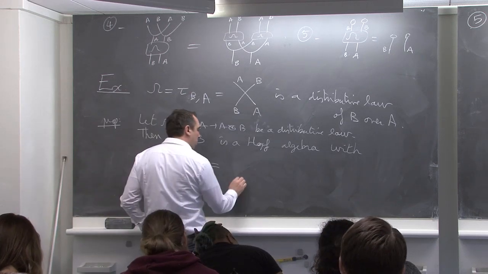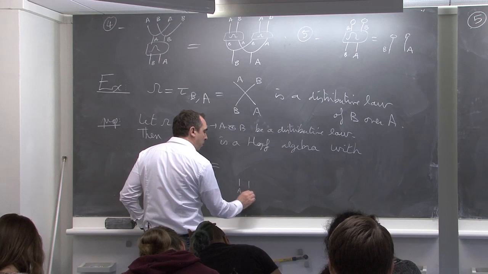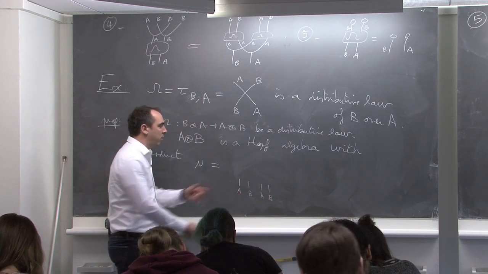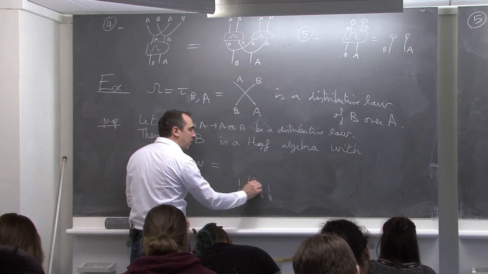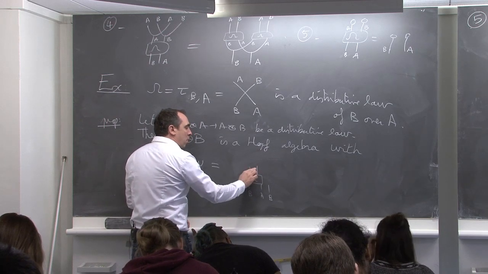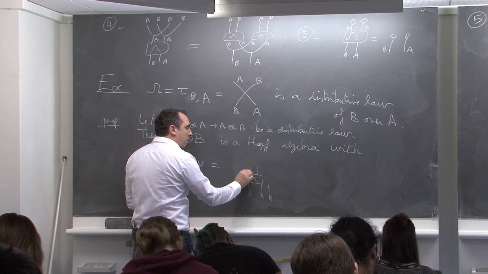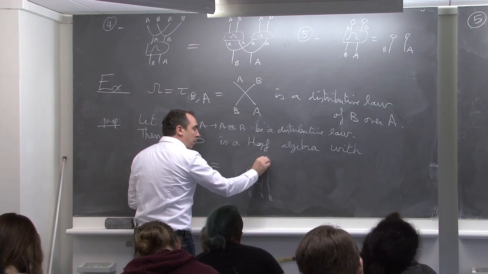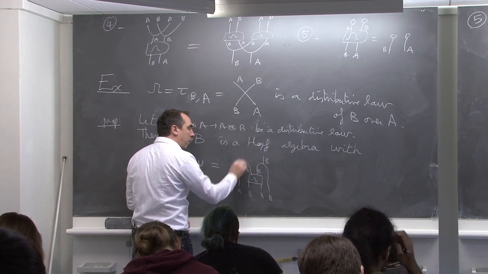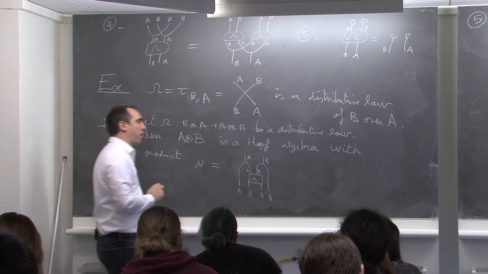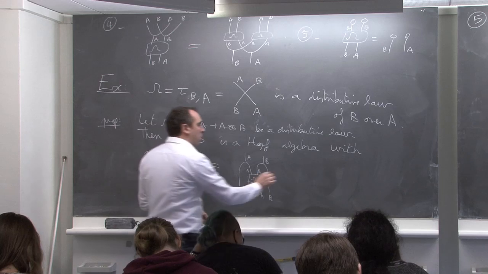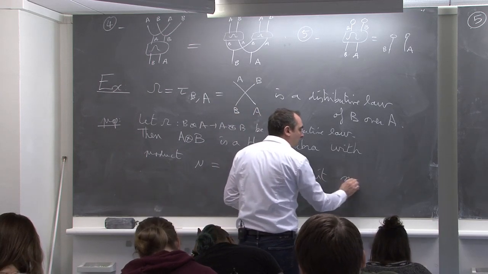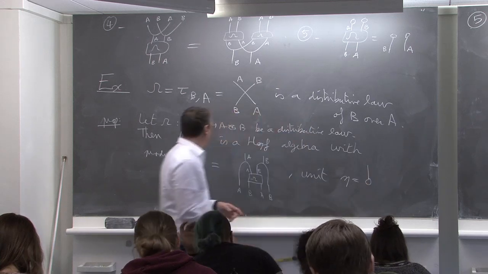So we need to define a product from A tensor B, A tensor B. So what do we do? We use the distributive law to permute A and B. And then we use the product of B here, the product of A. So the unit is just the product of the unit.